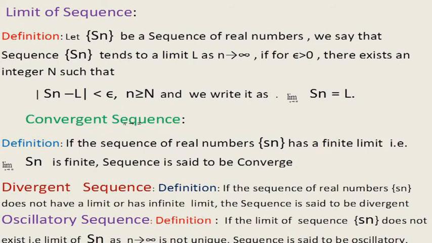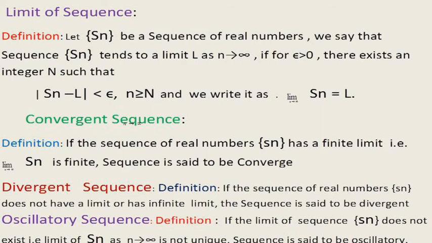Then we say that the sequence S_n tends to a limit L as n tends to infinity if for epsilon greater than 0 there exists an integer N such that mod S_n minus L is less than epsilon when small n is greater than or equal to capital N, and we write it as limit S_n is equal to L.